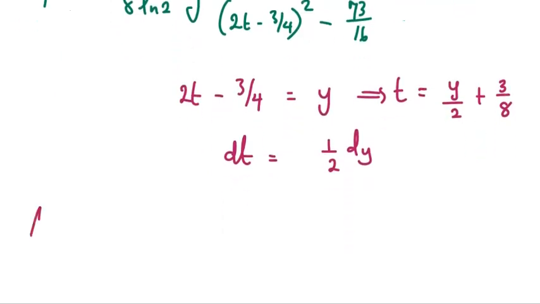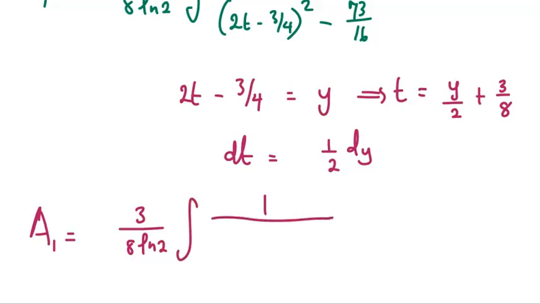So our a sub 1 is going to be equal to, remember we have 3 all over 8 ln of 2 times the integral of 1 all over y squared minus 73 over 16, multiplied by the t, which is 1 over 2 dy.